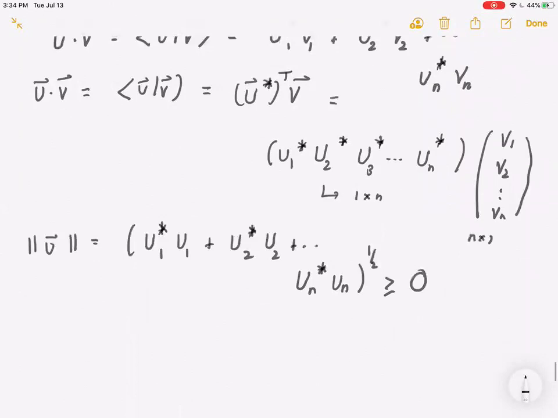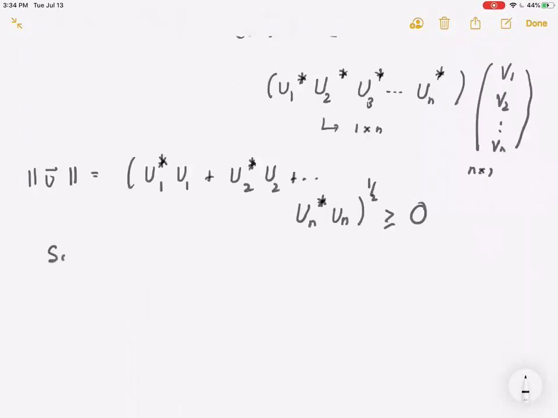Okay. So what happens if I take an orthogonal matrix?